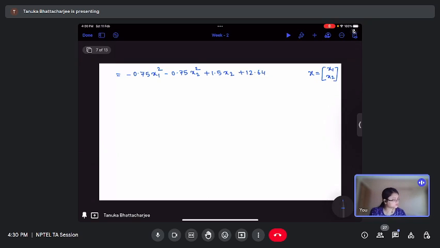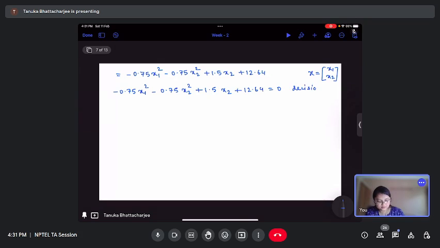Something like this you will get for g1x minus g2x. If you want the expression of your decision surface, that will simply be this equal to 0. This is your decision surface.